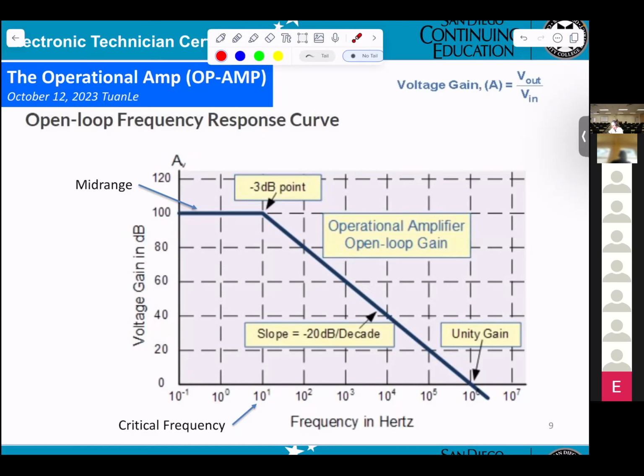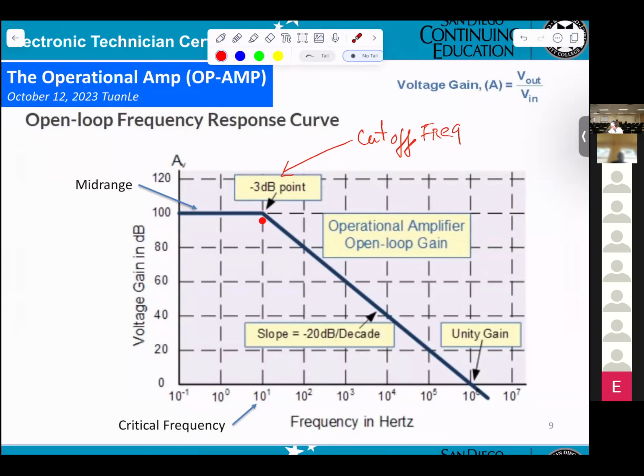So at this point here, minus 3 dB. Minus 3 dB, what is it here? We call it the cutoff frequency. If you're looking at the display, at the cutoff point here, what frequency is it equal to?